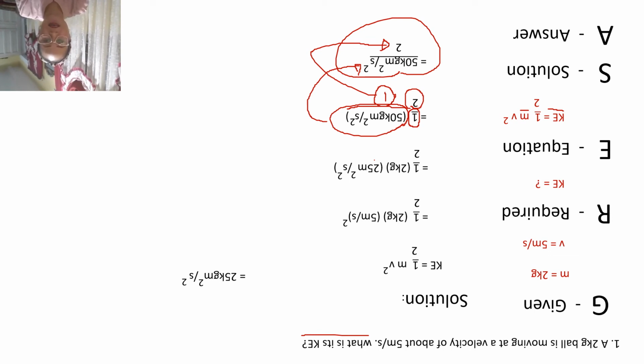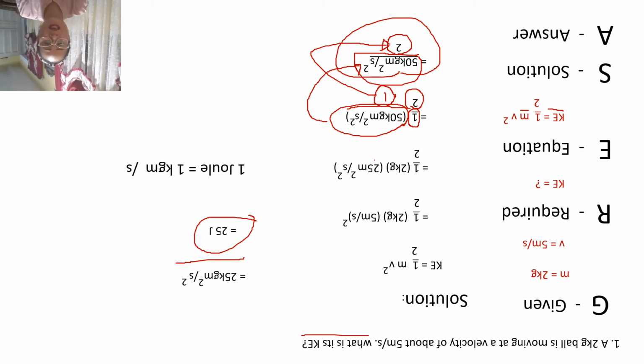Because we have 50 kilograms meter squared per second squared divided by 2, which is equal to 25 kilograms meter squared per second squared. So the final answer is 25 joules. Why joule? Bakit joule? Joule is the unit of energy.